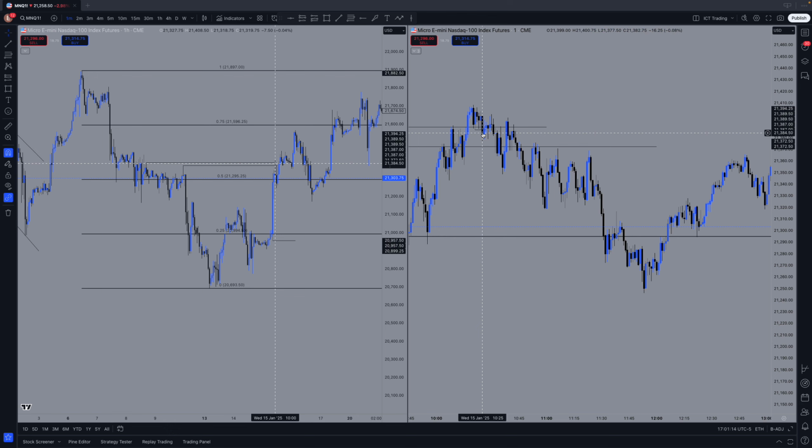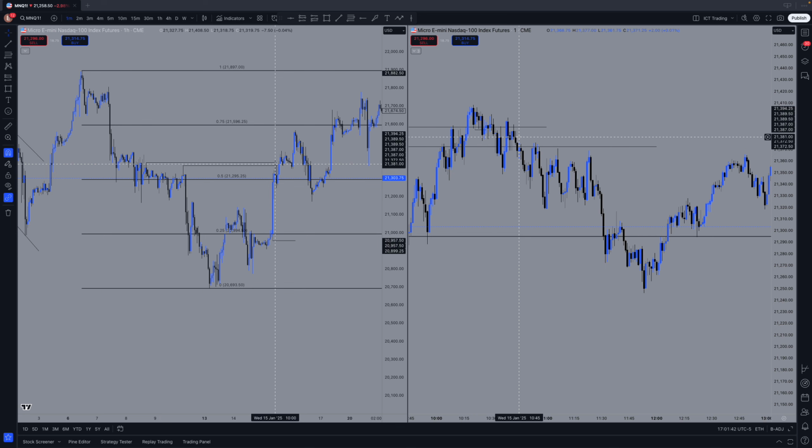The reason that it's a shift in market structure is because previously price was going up, right? So we're making higher highs and higher lows all the way up here. And then when we make a low that is lower than this one, it means our direction has changed. So when our direction changes, that's a really good indicator that a fair value gap going down would be accurate.